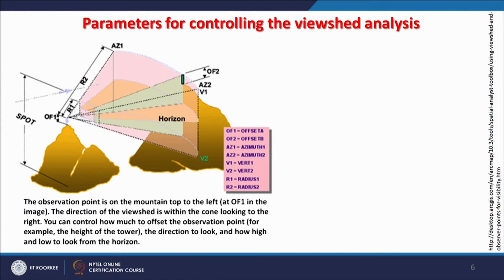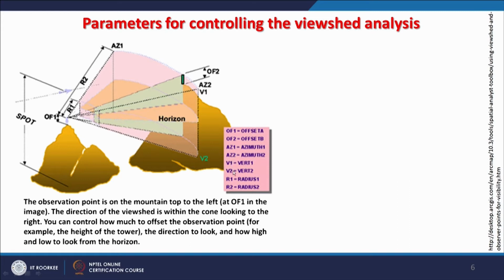So, what are the parameters or inputs which are required while doing the Viewshed analysis? As mentioned, these offsets A and B, that means observer and target offsets, can be there, and then we can restrict the azimuth, like in this example azimuth 1 and azimuth 2, between which I want to create a Viewshed.